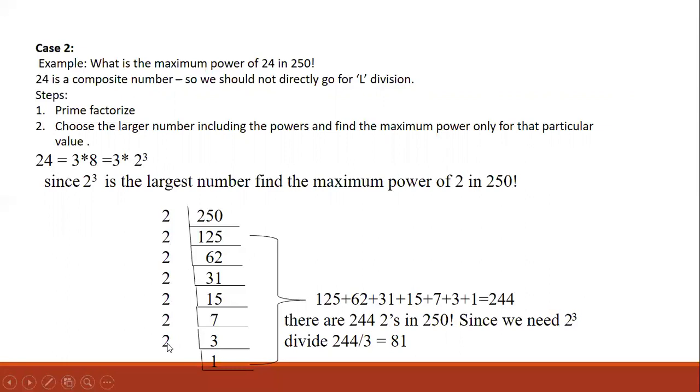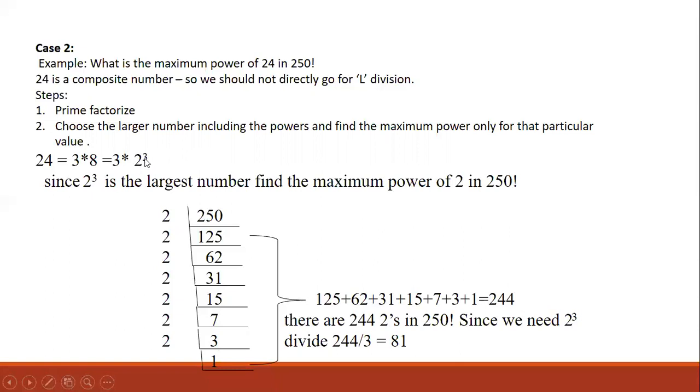Again, in order to find the maximum power of 2 in 250 factorial, we need to add all the values from the second column: 125 plus 62 plus 31 plus 15 plus 7 plus 3 plus 1. So we get 244. There are 244 2's in 250 factorial, but we need 2 cube.